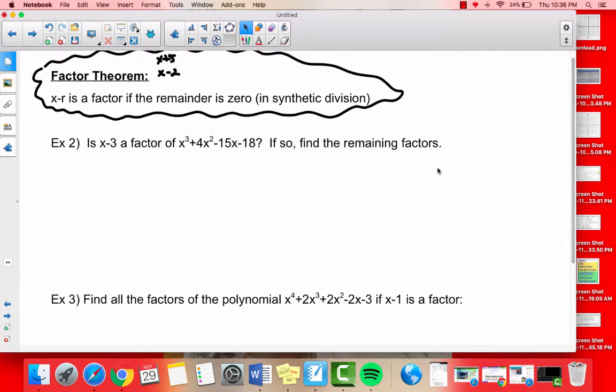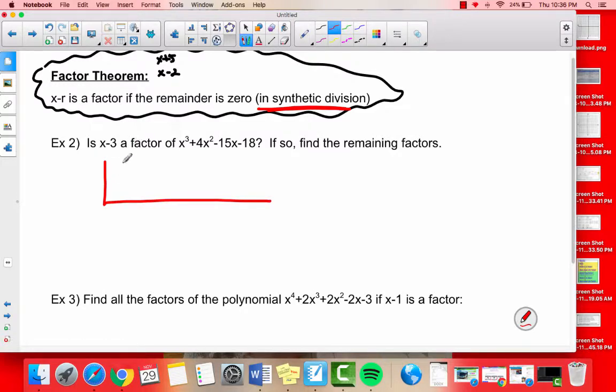The first example says, is x minus 3 a factor of the polynomial x cubed plus 4x squared minus 15x minus 18? If it is, find the remaining factors. So there's kind of 2 parts to this question. Well, in order to determine if it's a factor, we have to do the synthetic division. And so I'm going to go ahead and set this up.